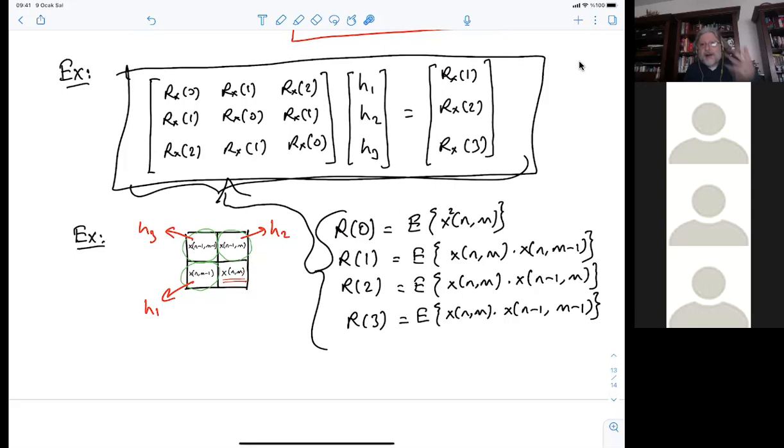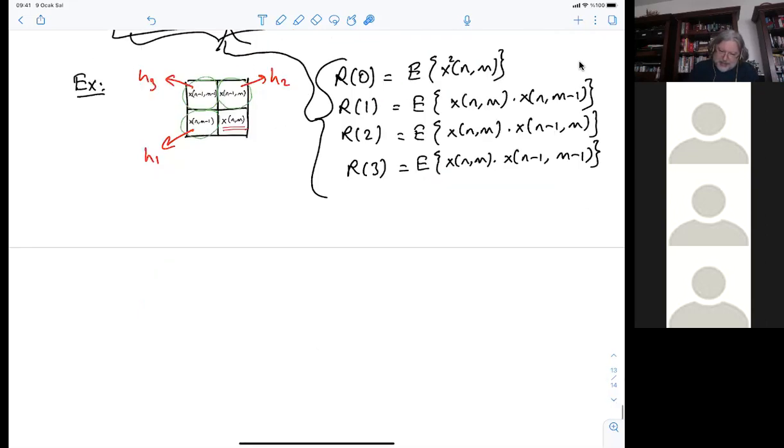They will be R4, R5, R6, etc. And then you construct the set of equations like this and solve for the filter coefficients. And whichever correlation you used for R1, for example, that will correspond to H1. If you used R1 using the diagonal, or using the horizontal, H1 corresponds to the coefficient that will multiply this, etc. Okay. I hope it's clear. It has to be clear.